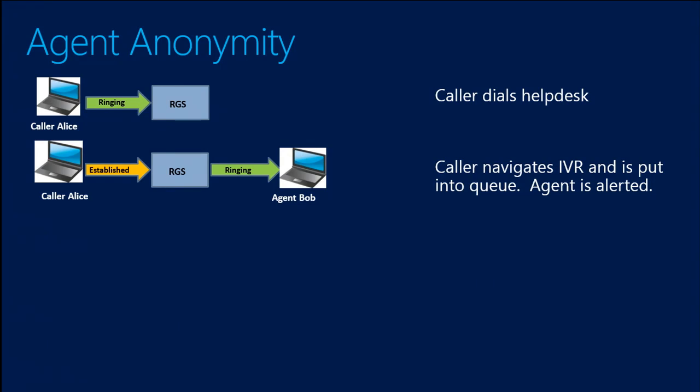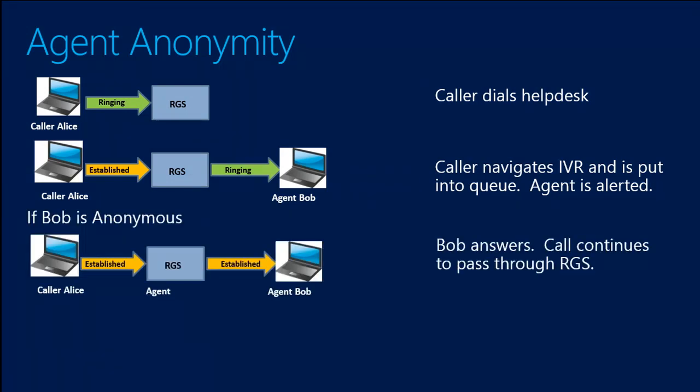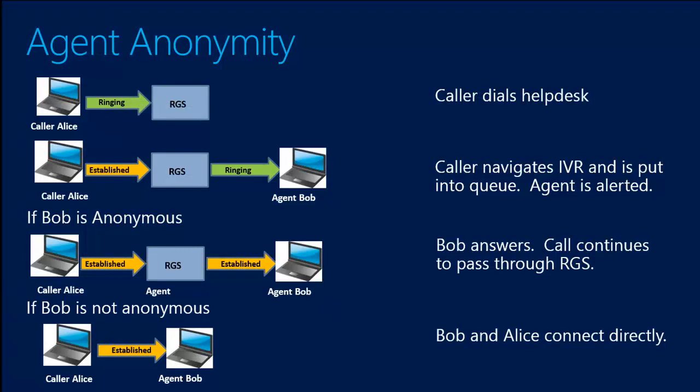This is a feature, by the way, within the response group. You say, I want to do it anonymous or not anonymous, and based on that it is configured. If it's anonymous, then it still goes through the response group all the time. If it is not, then they will establish the connection with each other.